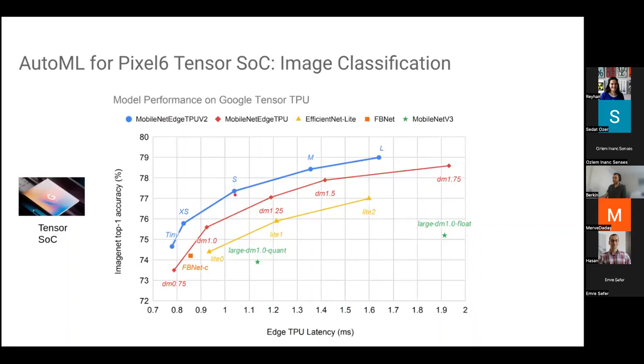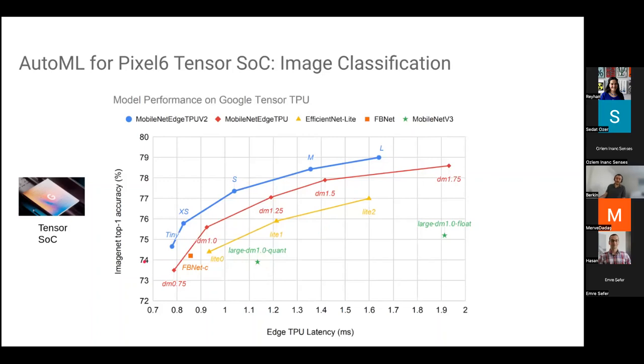of these networks, right? So, for example, if your budget is, let's say, around 1 to 1.1 milliseconds because of your application, you can actually pick this S variant and then reach somewhere between 77, 78 accuracy. And if you were to do it on a regular existing network such as MobileNet v3, you could only reach 74.